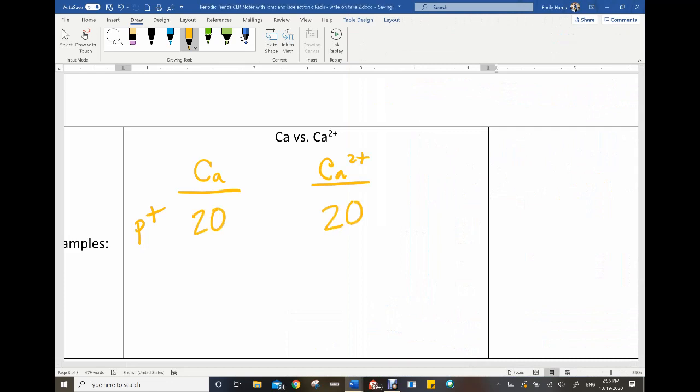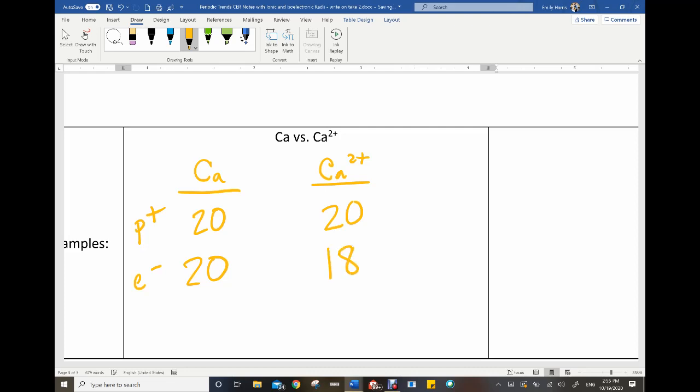Now, what is going to change when you have an ion are the electrons. For the parent atom, it's neutral, so the protons will be equal to the electrons. For the ion, the positive charge indicates that some electrons have been lost. In this case, the positive charge 2+ indicates that 2 electrons are missing.